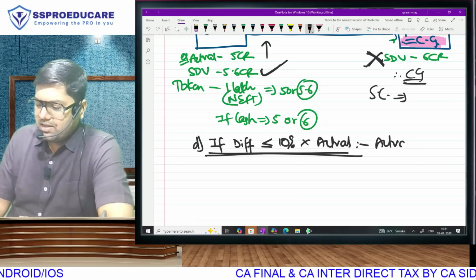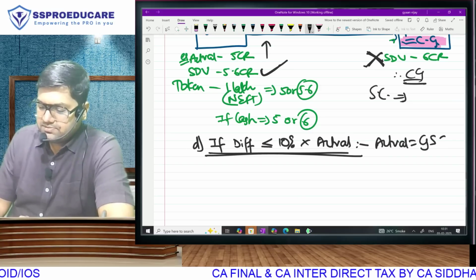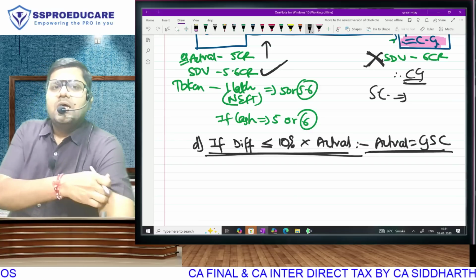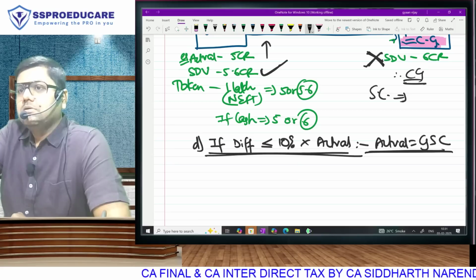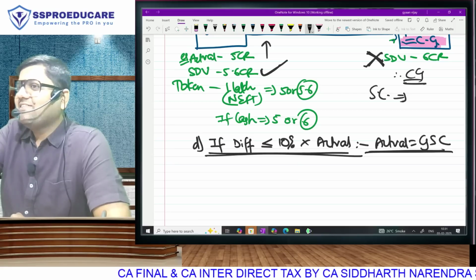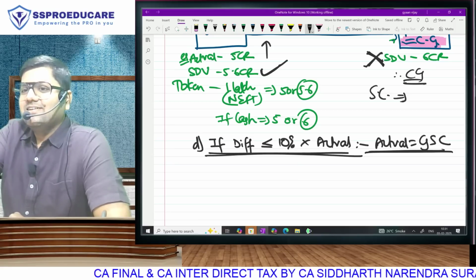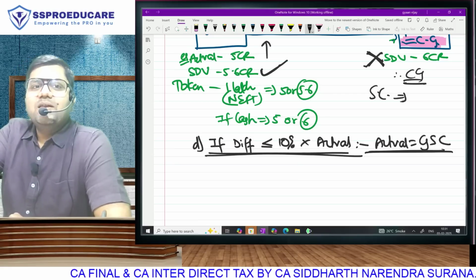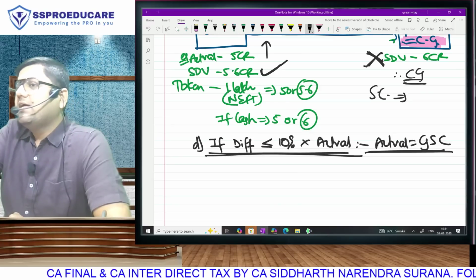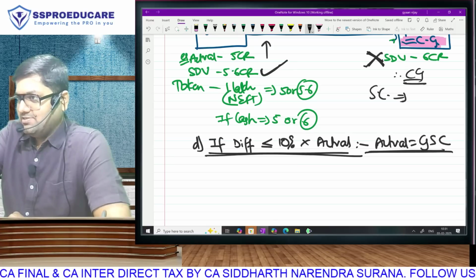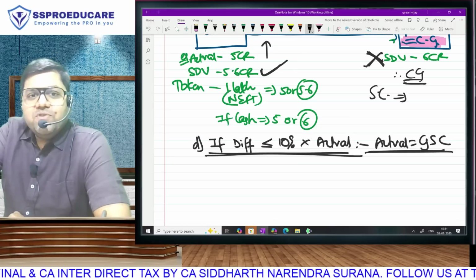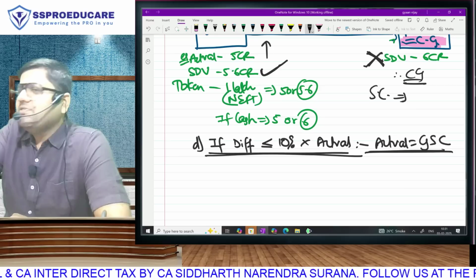Directly take actual as gross sale consideration. In income tax technical language, they call it a safe harbor. In simple language, I can call it an allowable margin difference.